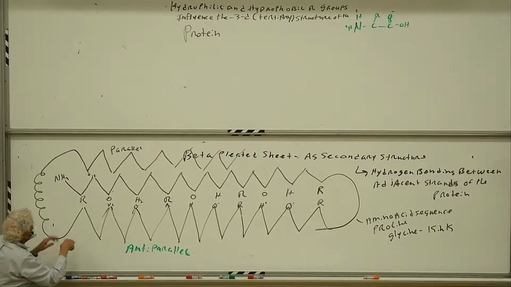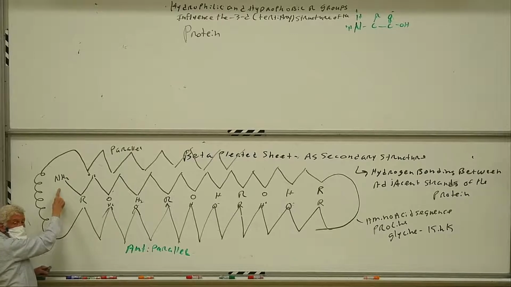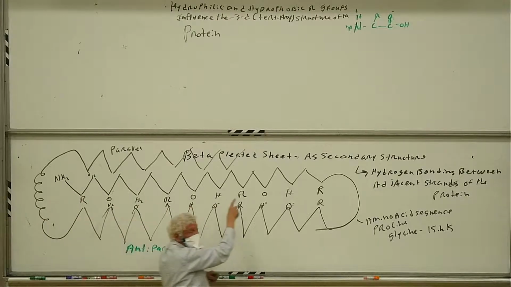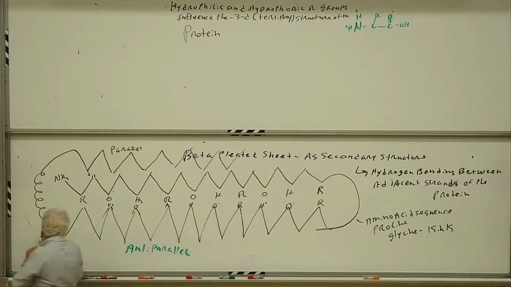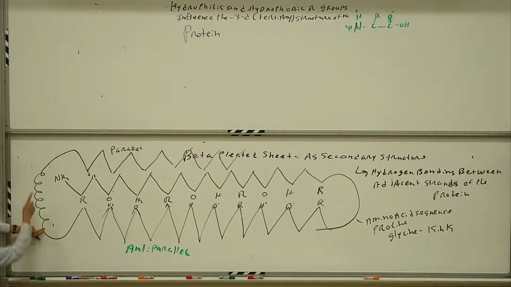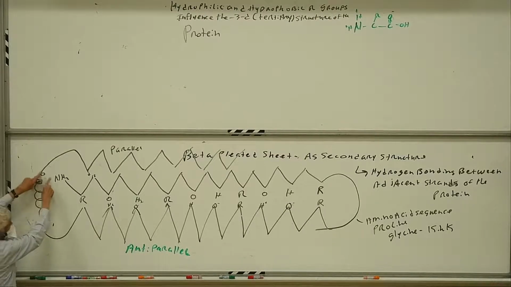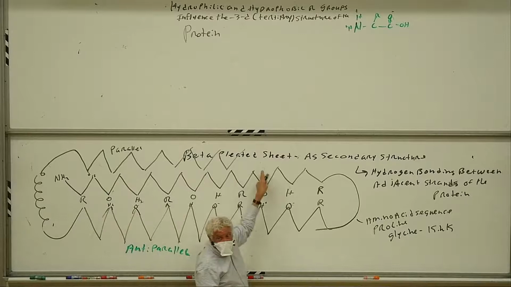Well, if I make this the amino end, we're walking this way, we're walking toward the carboxy end. This end of the alpha helix will be the amino end, right? And this end will be the carboxy end, but it will continue on until we get to the carboxy end someplace out here.